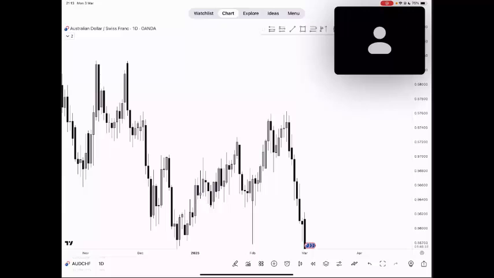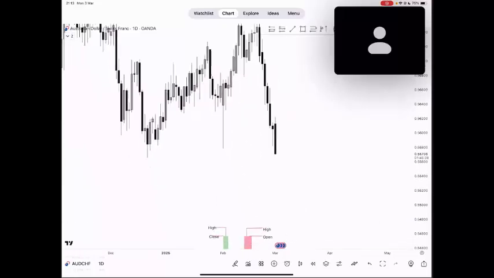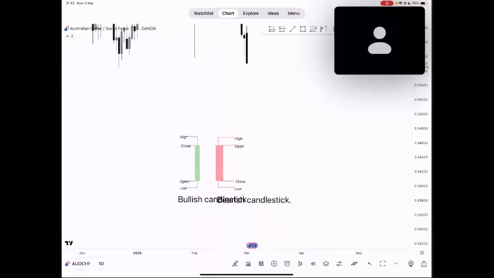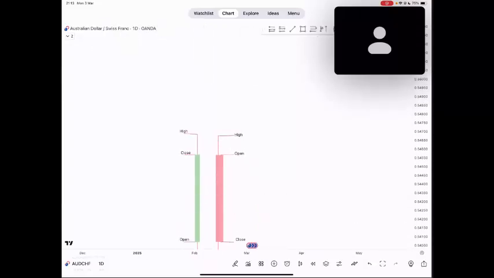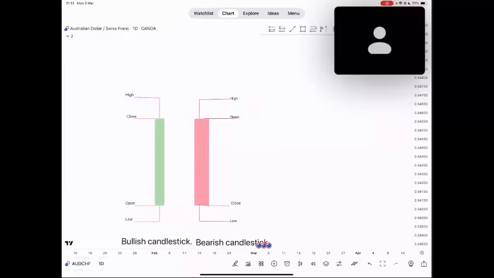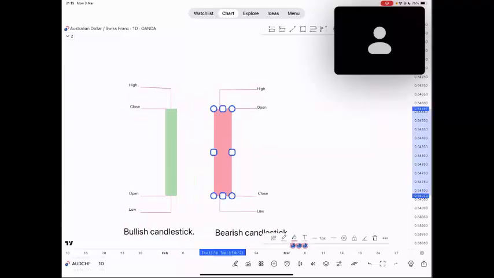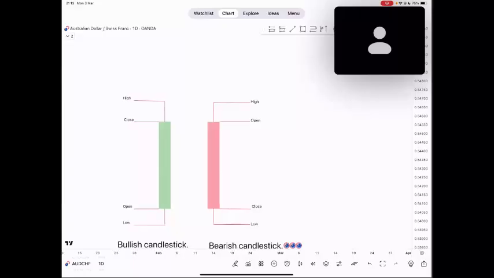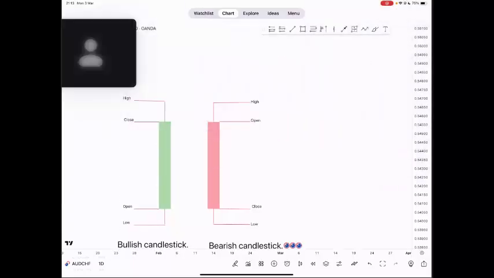So over to the topic of today. Today we're going to be treating candlesticks anatomy. Now the most important candlesticks are the ones we're going to pay consideration and attention to. So we have bullish and bearish engulfing candlesticks, right?